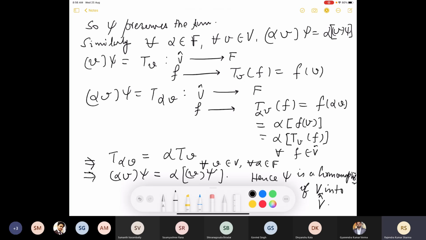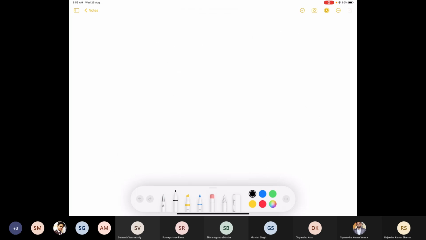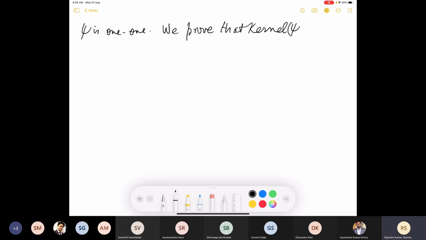In case of finite dimensional, one thing is enough, in fact. Now, is psi 1 to 1? For 1 to 1, we prove that the kernel is trivial. Kernel psi is 0.